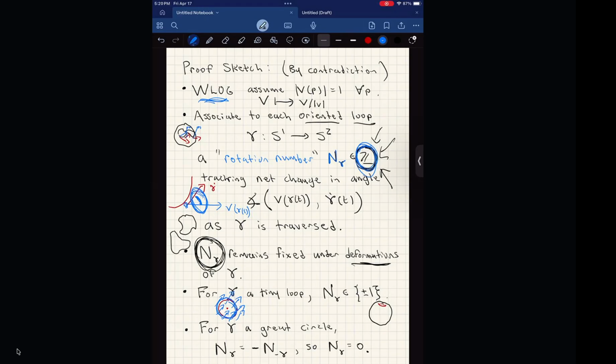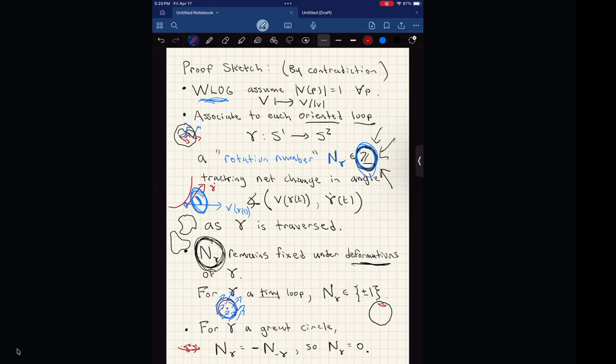So the second counterpart to this is that if you have a great circle, you can do something rather interesting. So if I have my sphere here and I parameterize a great circle, let's say going around this way, I'm going to ask you now to look at my real screen here, not the iPad screen.